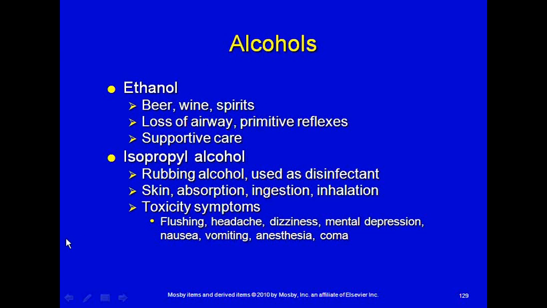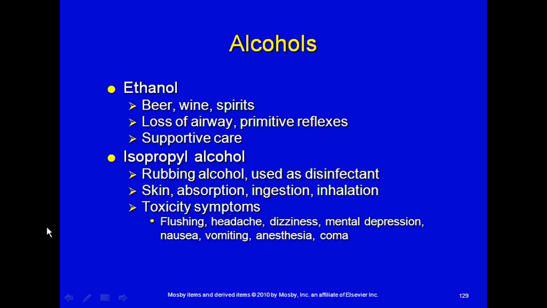Alcohols are also something to consider as poisons. Ethanol, which is certainly what we find in beer, wine, and spirits. It's grain alcohol. With enough ethanol, with an ethanol poisoning, you certainly can get loss of airway, loss of airway reflexes, and are at great risk of aspiration.